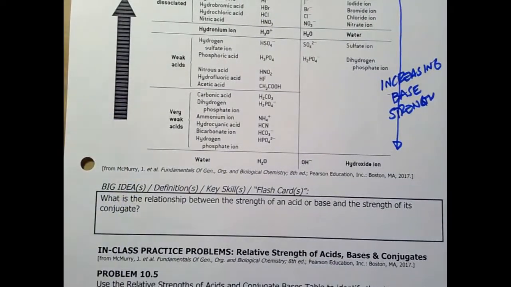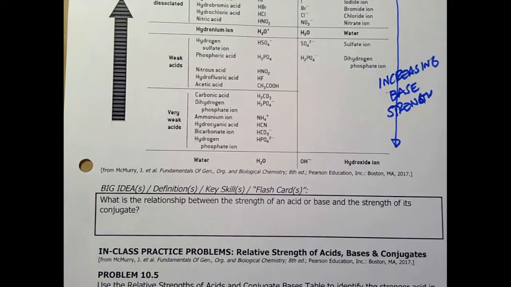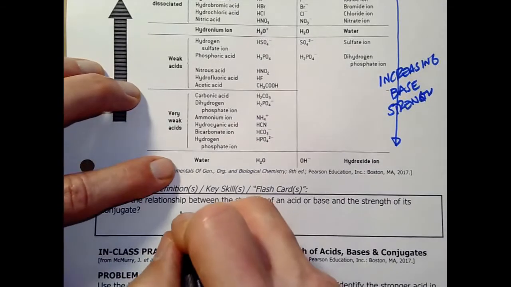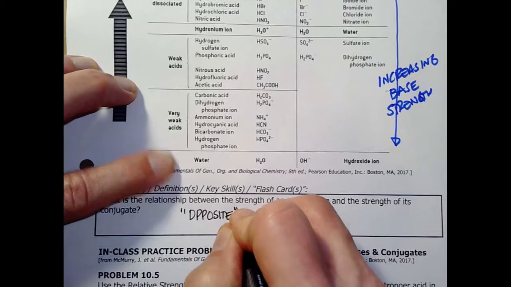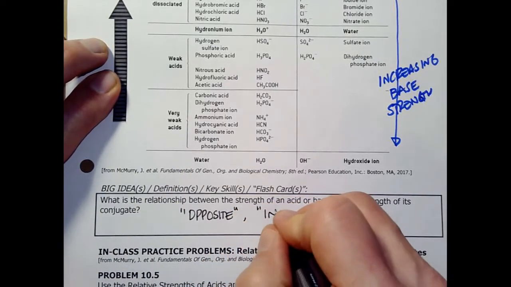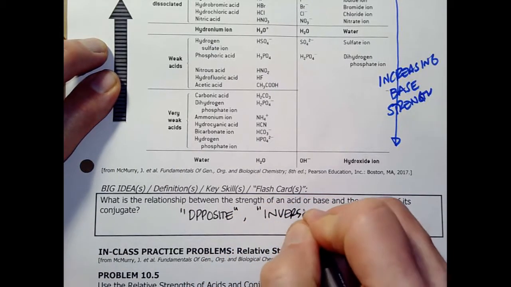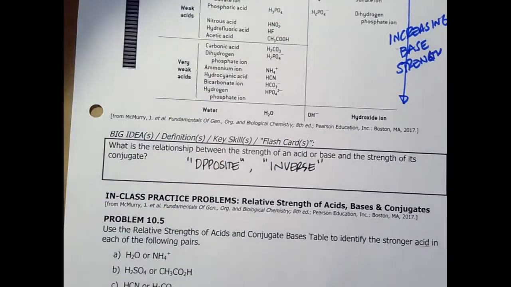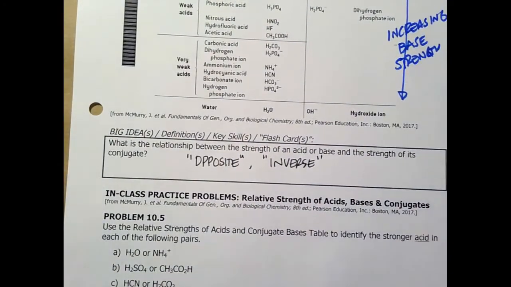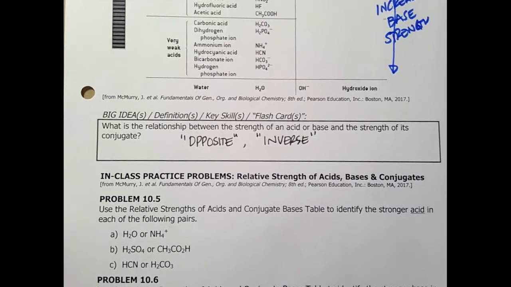What's the relationship between the strength of an acid or base and its conjugate? We're going to say they're opposite. Or maybe we'd say they're inverse. So now we can say, well, here are some acids or bases, and we can actually compare the relative strength.